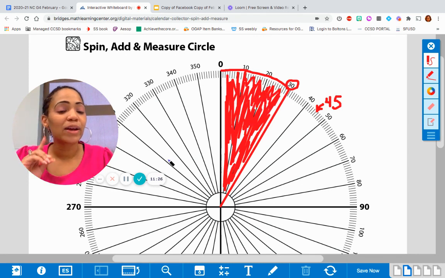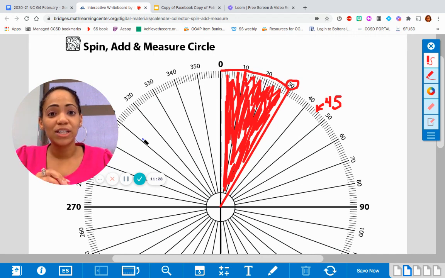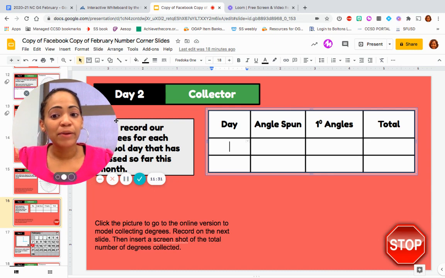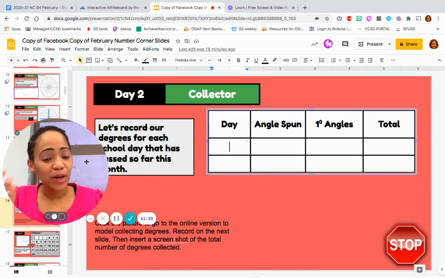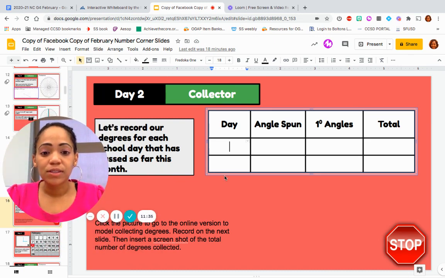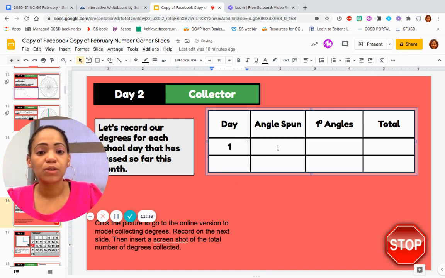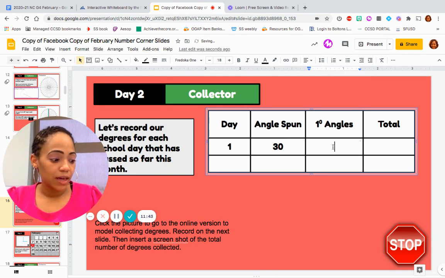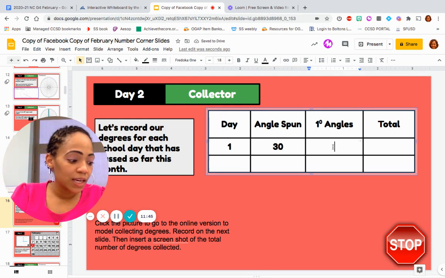So now we are going to record this on our recording sheet for this month. And here's my recording sheet. We're going to record for every day. So for day 1, which was yesterday, I'm going to record that I spun 30, which is 30 degrees.